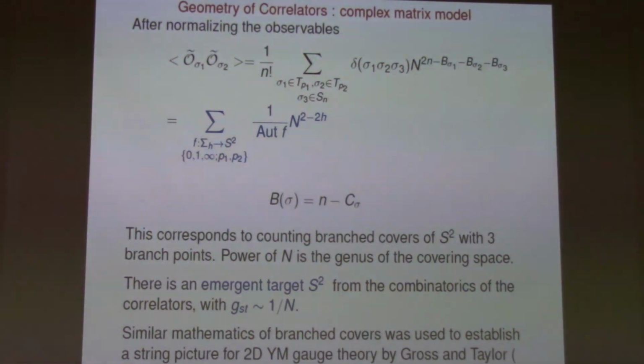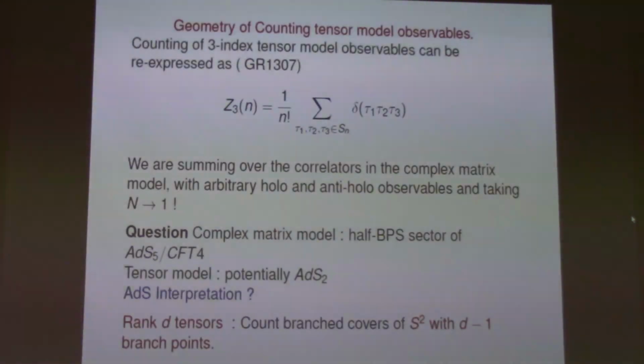What is interesting here is that, in the 2D Yang-Mills story, there was a target space, which is a 2D surface, and then you had a string with that target space. Here, this is a kind of zero-dimensional Gaussian matrix model, and yet you see an S2 coming from the combinatorics of the counting. What happens if we do this with a complex tensor model?